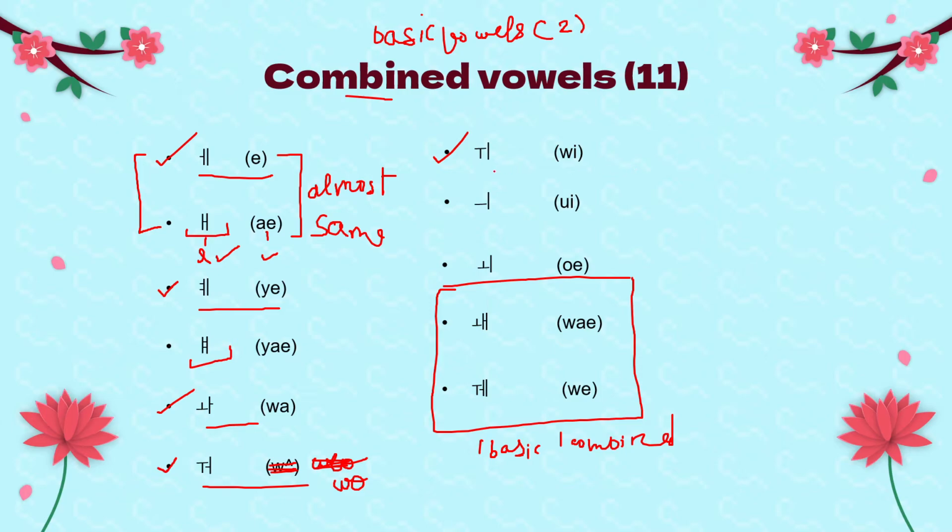Now this one is we. It is not U plus E, because that is not we, since we is this other one. This one has almost the sound of a, but not a phonetic value.